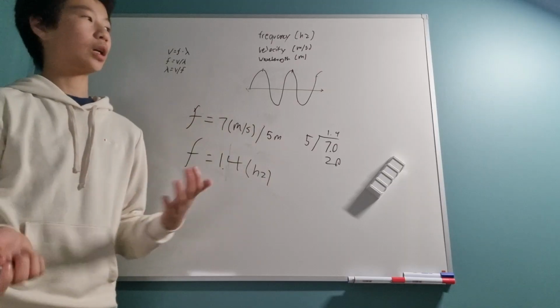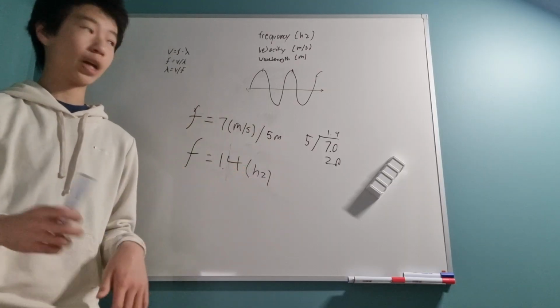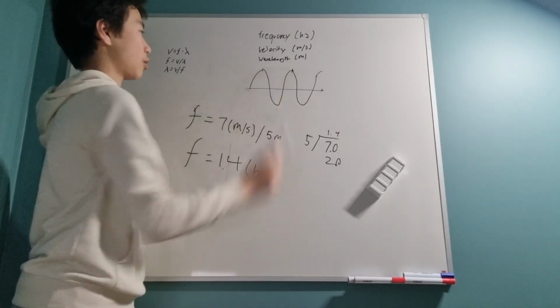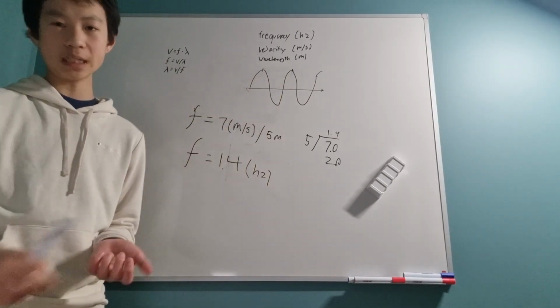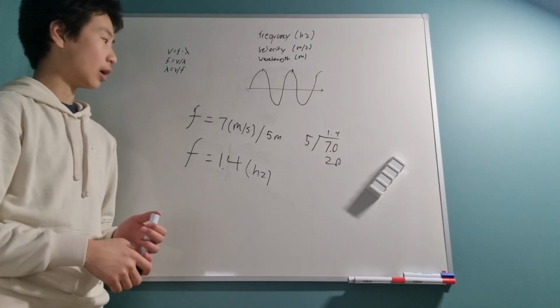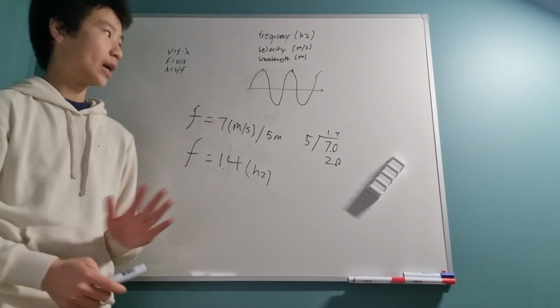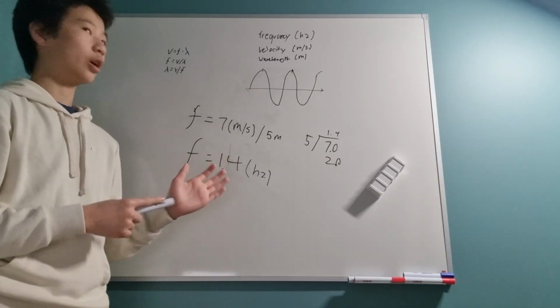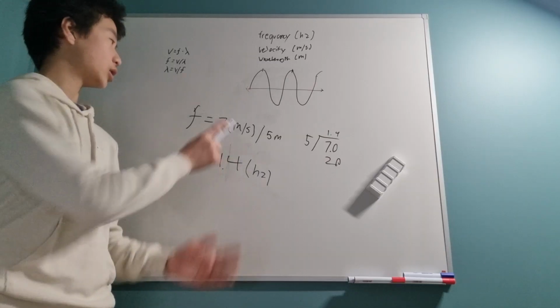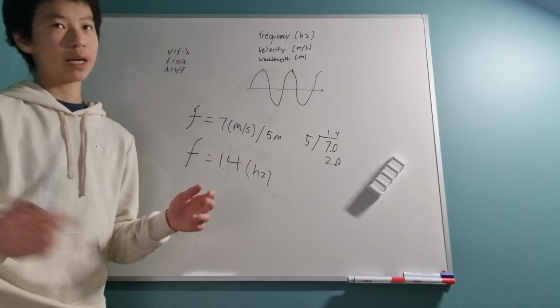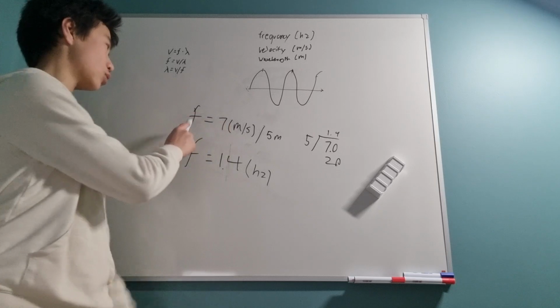How do you think that we can calculate the frequency that something happens? So firstly, we know the wavelength, right? It's the crest to crest, and we also know how quickly it happens. So the only thing you need to know now is how the speed divided by the wavelength is related to the frequency.